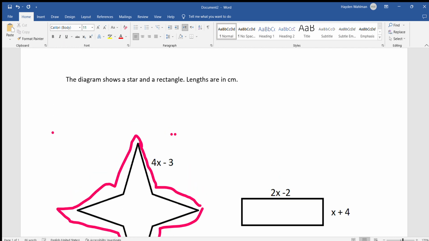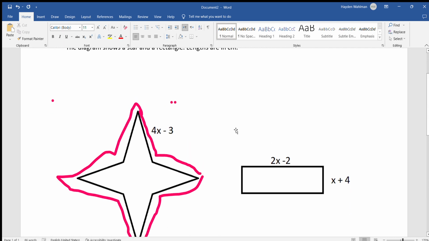So we could say the perimeter of the star, so S for star, is 4x minus 3 plus 4x minus 3, right? How many times? 8 times, right?